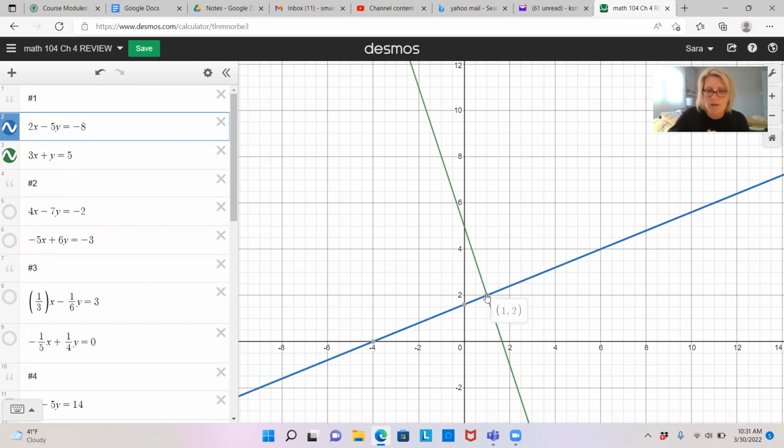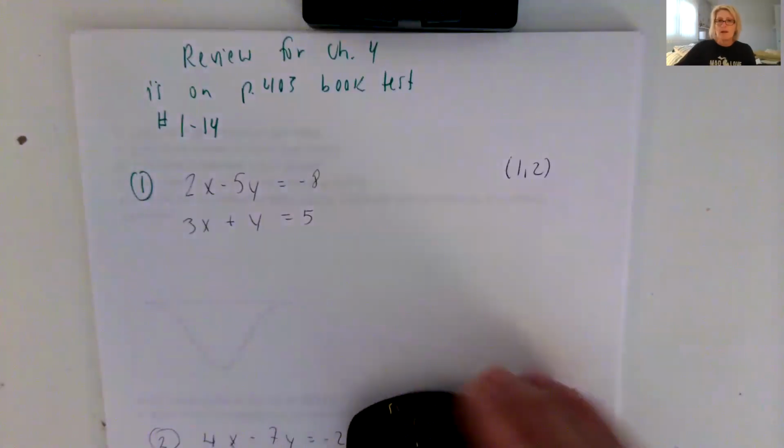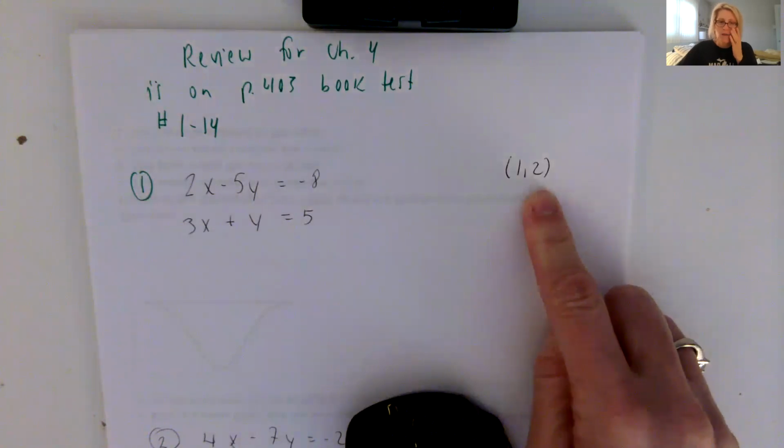When you do, the intersection comes up. So our intersection should be at (1, 2). On my paper, and I'm asking you to do this on the exam if you're in my class, we're going to go back to the paper and work this out by hand. So the answer should be (1, 2).